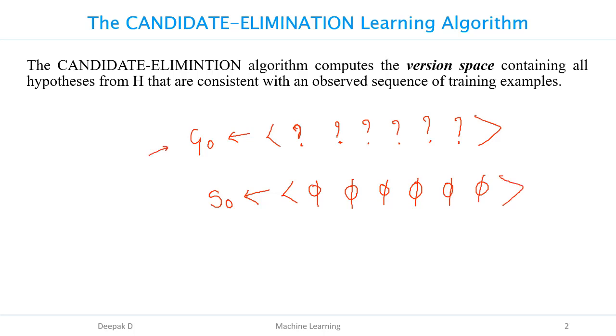One is G0, the more general hypothesis, and another is the more specific hypothesis. These two boundary sets will delimit the entire hypothesis space, because every other hypothesis in H is more general than S0 and more specific than G0.